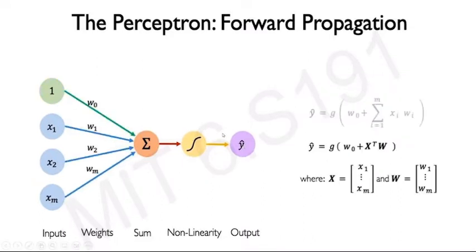I want to spend more time on that again. This guy here is representing that in a scalar form. What if I want to do that in matrix form? The design matrix X is going to be m by one, which means we have m features, and we also have the weights, which are also m by one.